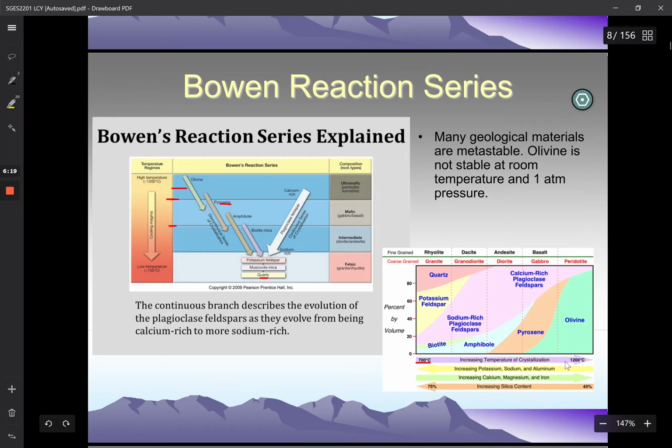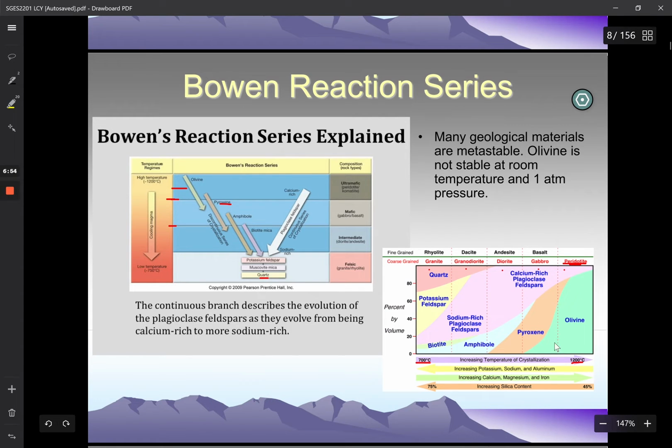It starts with 700 and goes until 1200, and you form different minerals because of the different composition, each stable in this particular temperature regime. Then you have different types of minerals forming, and therefore different types of rocks.